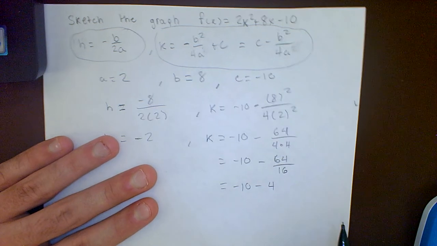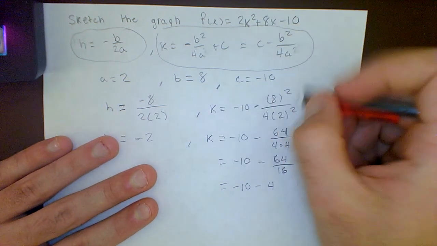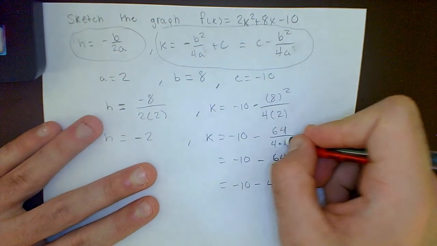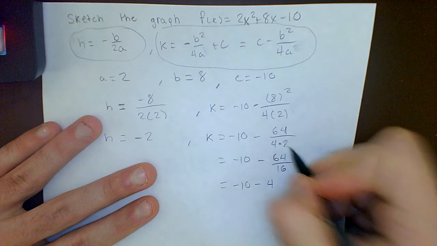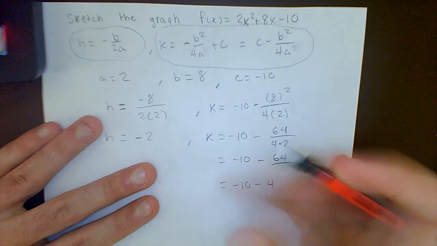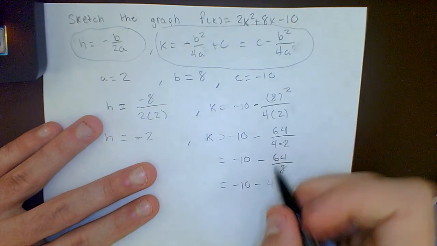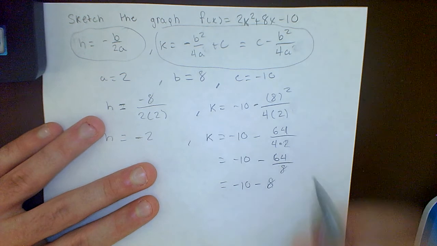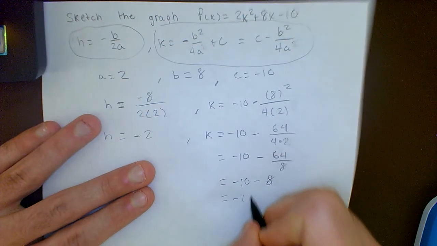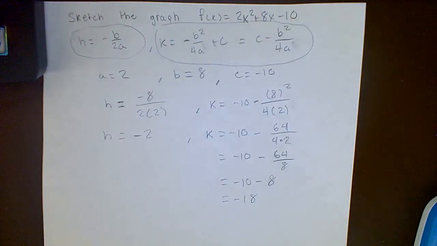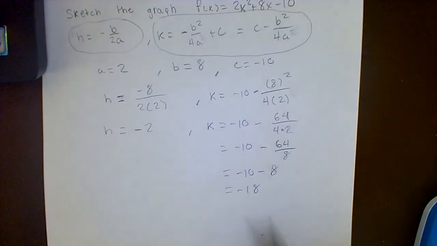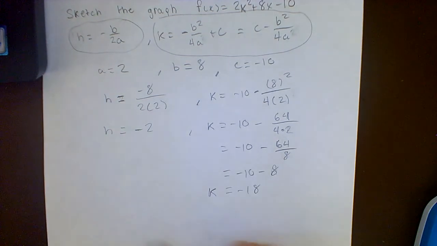Alrighty. So this now takes the square off of this, and this becomes a 2, so this becomes an 8, and 64 divided by 8 is 8. So this is equal to negative 18. We now know h is equal to negative 2 and k is equal to negative 18.